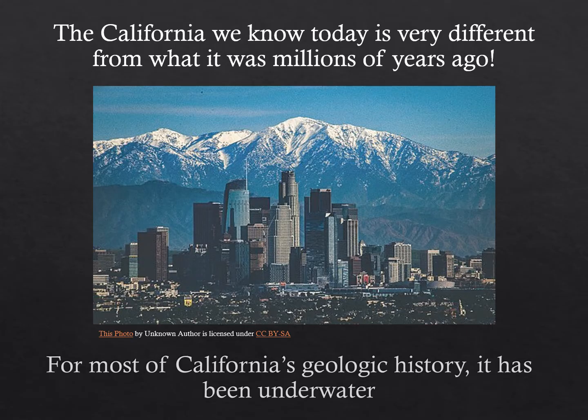And so this vista that we have today, in this case of downtown Los Angeles, nestled within the hills, in the Transverse Ranges, parts of the Santa Monica Mountains, parts of the San Gabriels, that particular vista is relatively recent in terms of geologic time. For the vast majority of California's geologic history, it has been completely submerged and underwater.